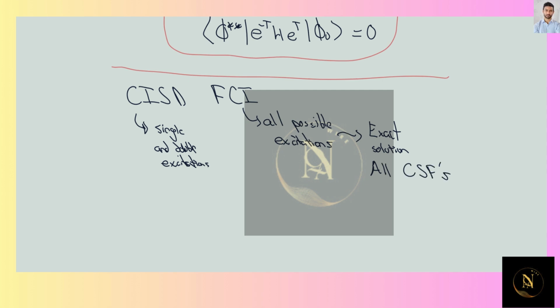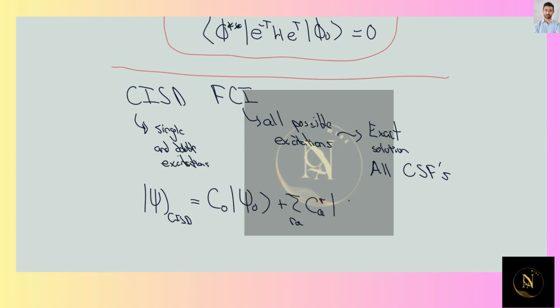So what is going to occur in CI singles and doubles is that the wave function for CISD is going to be given by a certain coefficient times our starting Slater determinant plus the sum of the single excitations that are going to come with the associated coefficient.